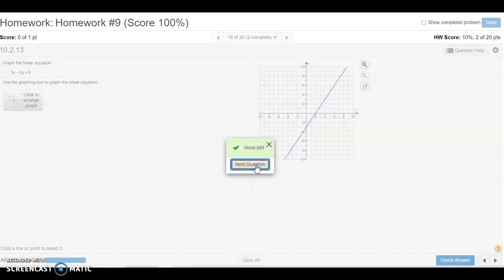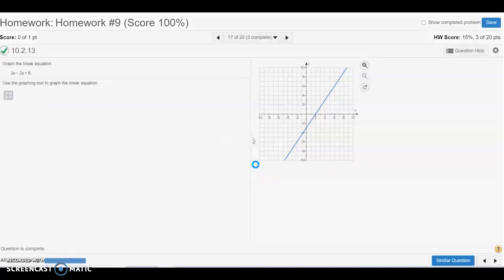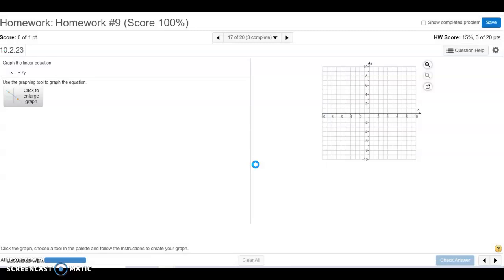Okay, I do want to go over the next few problems quickly here with you, and this particular problem, x equals -7y. Notice how x is given in terms of y.